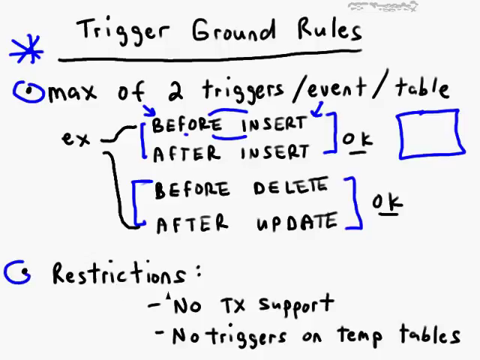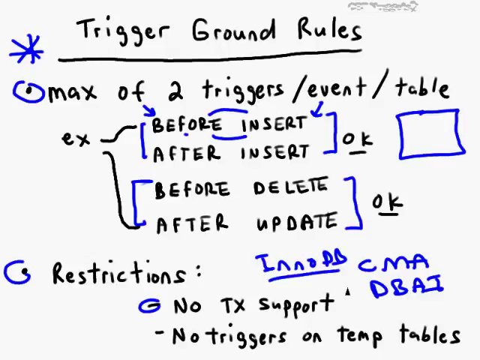Some other hard and fast restrictions with regard to triggers is that we cannot use transactions within the trigger code. Now, if you followed my other nugget products for CBT Nuggets, in particular, actually I covered it in both the Certified MySQL Associate and the DBA1 course, we talked about the InnoDB storage engine, this storage engine and only this storage engine supports transactions where you can use the begin transaction statement and discretely control transactions and rollback, partial rollback, save points, etc. And it's really nifty technology.